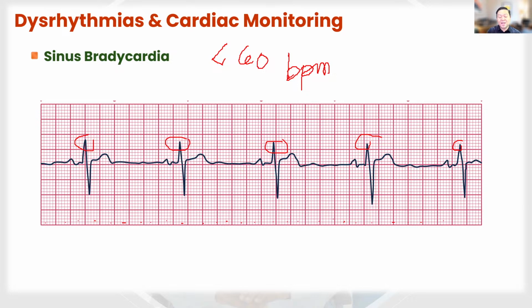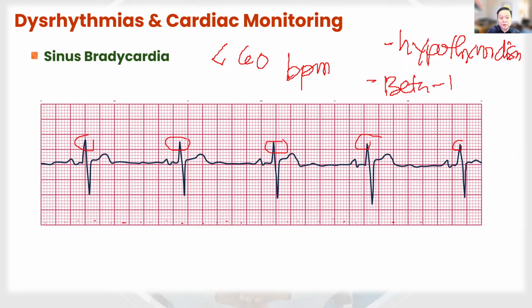Maybe the patient has a problem with the thyroid gland. It could be caused by hypothyroidism. Or maybe the patient has been taking a beta blocker and it's really slowing their heart this time. Maybe it's no longer appropriate for this patient to be taking a bigger dose of the beta blocker.